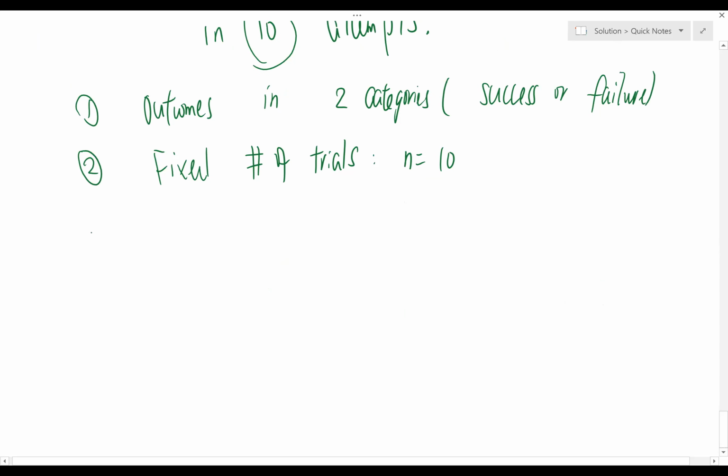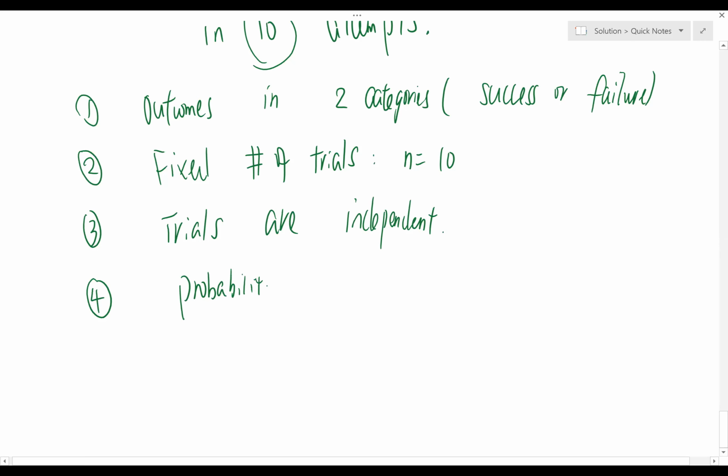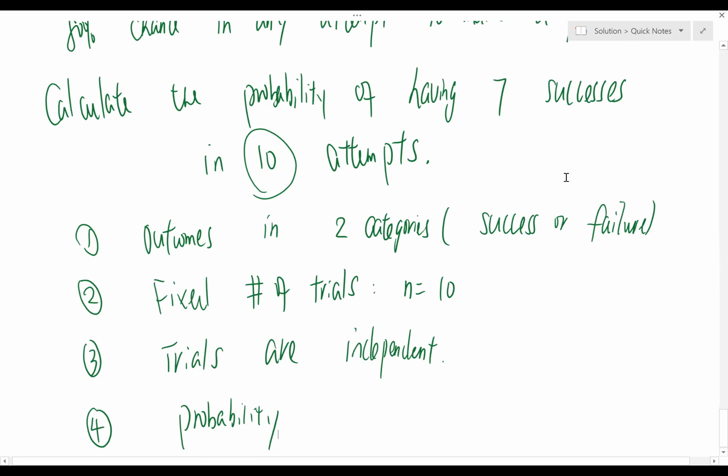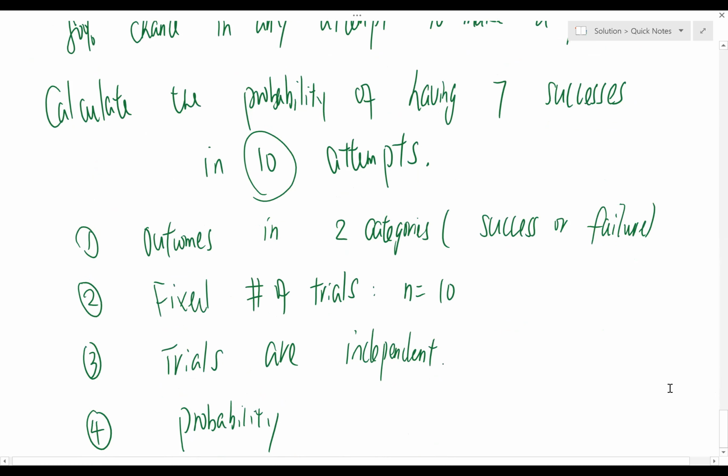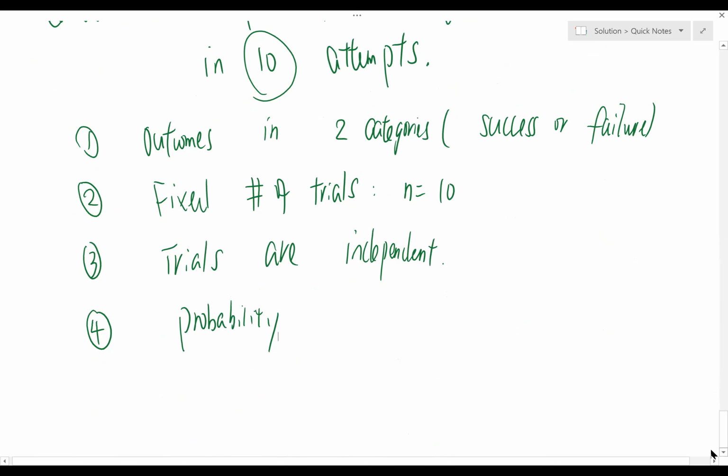And the third condition is trials are independent. Definitely, they are independent. Getting a success in the first one of the 10 does not guarantee you end up with another success. Okay, so trials are independent. And also, the fourth condition is that the probability of success and probability of failure remain constant. So here, the probability of success is always going to be 80%, right? 80% chance to make a phone call.